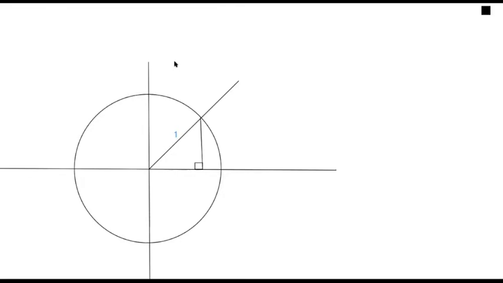So 45 here and 45 here. If I know that the radius of that circle is 1, that's the hypotenuse of that right triangle. So even if we just pretend that that whole circle's gone and we're just dealing with this 45, 45, 90 right triangle right here, we can figure out what these lengths are.